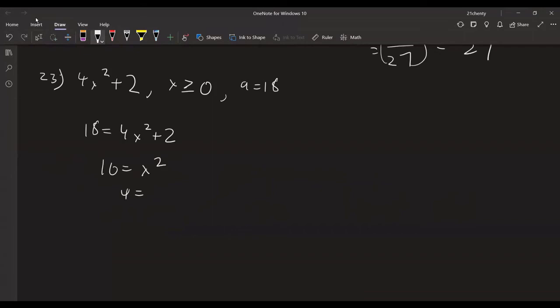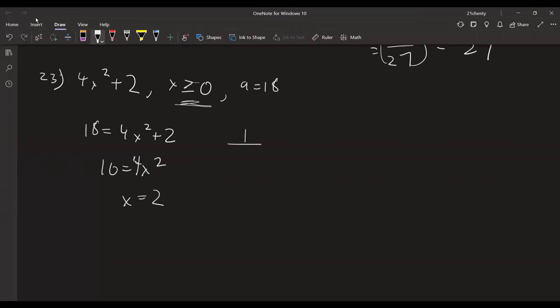So x equals, oh wait, x equals 4. And it can't be negative 4 because here we see that x is greater than or equal to 0. Oh wait, that's not right. There we go. So x equals 2, positive 2.